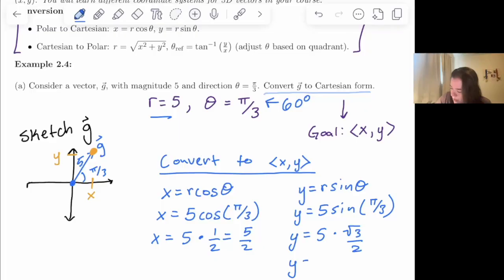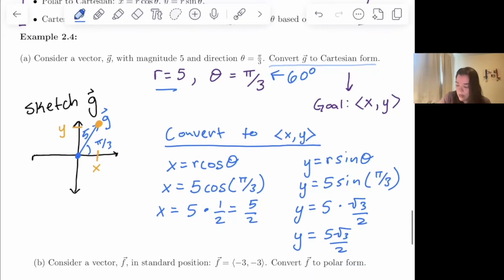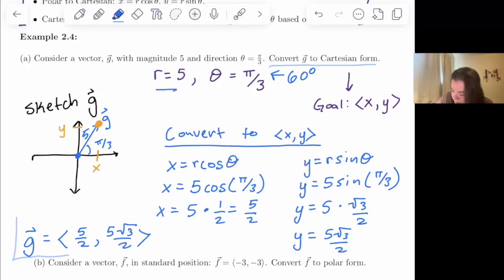So my y component is 5 square roots of 3 over 2. Awesome. So when I want to write vector g, I'm going to write it in the bottom left here. Vector g in component form is x, comma, y. There I have it down here. Here is vector g. I converted from polar to Cartesian.